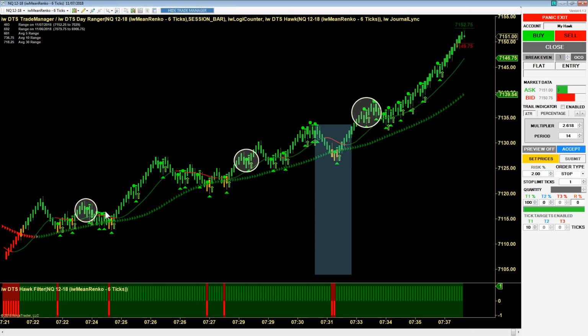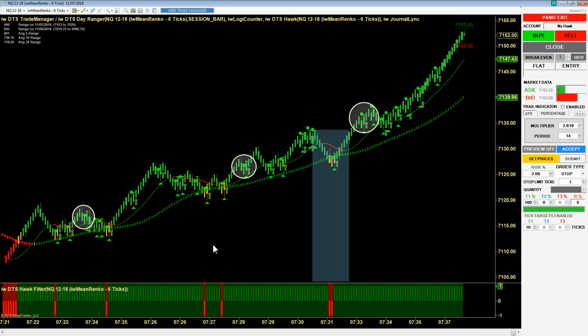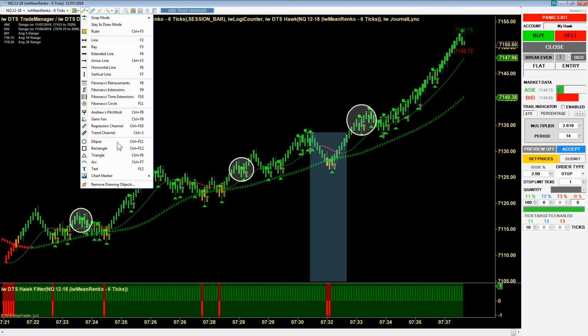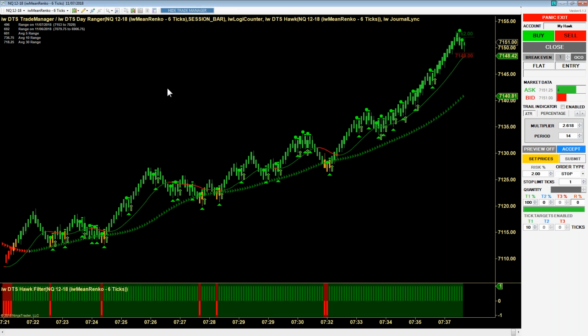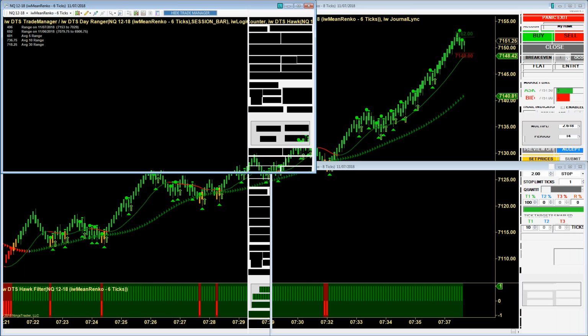But you did have 3 first micro macro cross signals within this last leg of the trend. So something to keep in mind when you're following the Hawk, it's okay if it goes out of sync and comes back into sync. That's your cue to perhaps get on board.